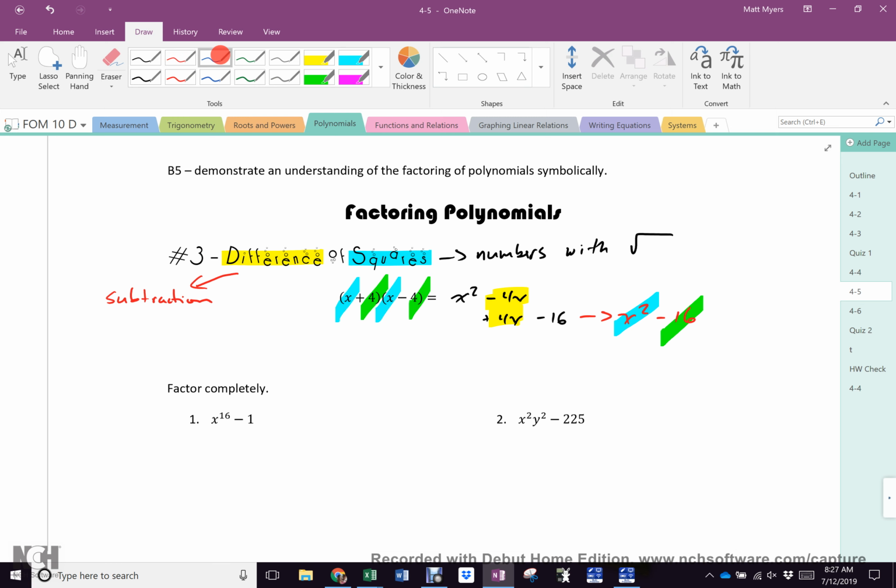So if you have some number squared minus some number squared, and you factor it, it is always the square root of a squared plus the square root of b squared, and then you just write the exact same values again with a minus sign. Okay? That's it. That's all there is to it.